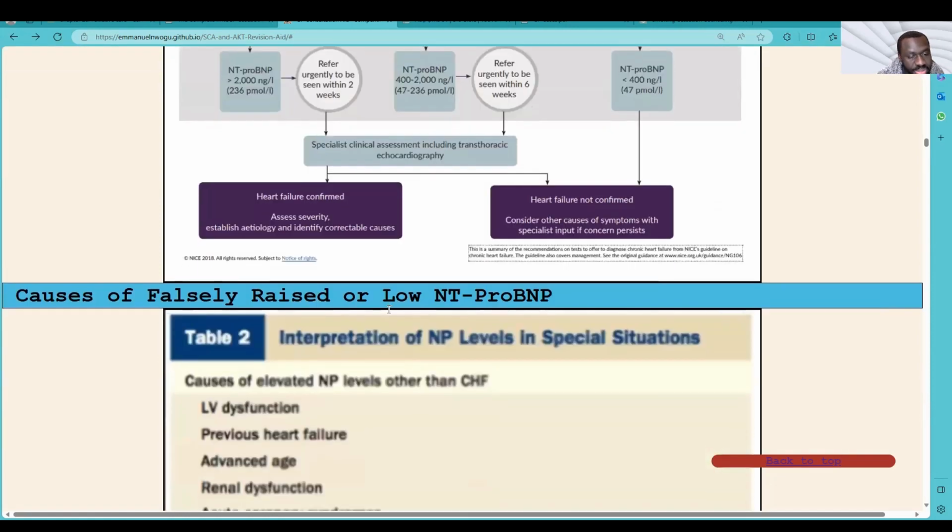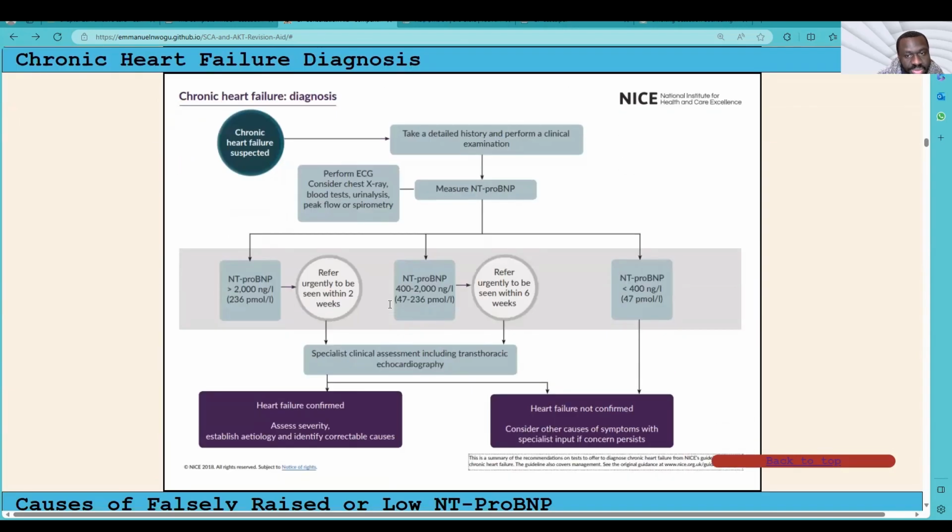That's heart failure diagnosis. Typically, once you suspect chronic heart failure, take a detailed history and perform a clinical examination, checking for crackles or crepitations in the chest, checking for pedal edema, looking for shortness of breath on exertion, leg swelling, things like that, cough, orthopnea, PND. The person might have a history of hypertension, might have had a myocardial infarction in the past, or might have COPD, things that can cause pulmonary problems.